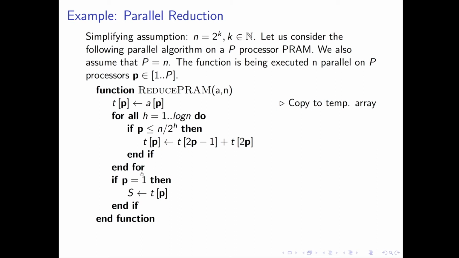When I have traversed the whole tree and performed my log n operations, what I'm doing is moving the result further and further to the left. In the end, the result is the temporary array entry at the very left, where the index is 1, and I assign that leftmost element to the variable that I eventually return.